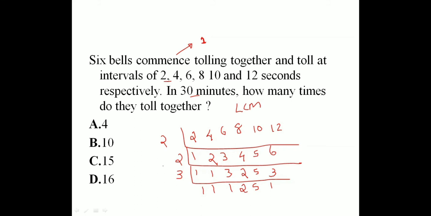So we calculate the LCM, which tells us after how long they will toll together again. We calculate the LCM of the intervals 2, 4, 6, 8, 10 and 12 seconds. LCM we got as 120 seconds, which means 2 minutes. Again after 2 minutes all these bells ring together, which means in 30 minutes, 30 by 2, 15 times all the bells ring together, right?